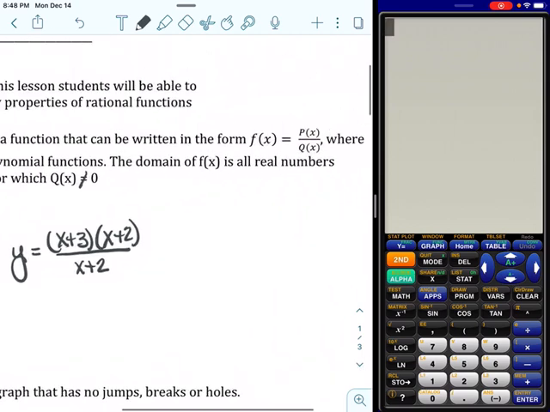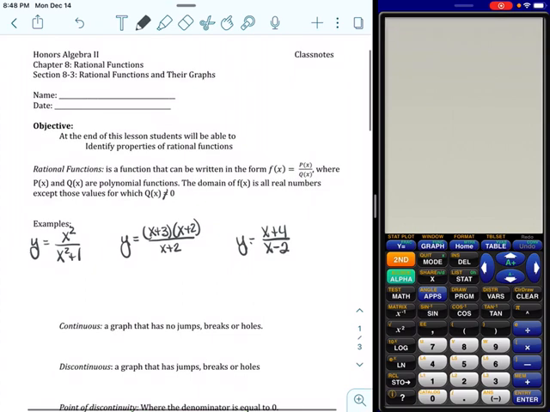And let's do one more: y equals x plus 4 over x minus 2. Okay? So these are all rational functions. They all are fractions. The top is a polynomial, the bottom is a polynomial. And we just have to be concerned about where that polynomial is equal to 0 for the domain.